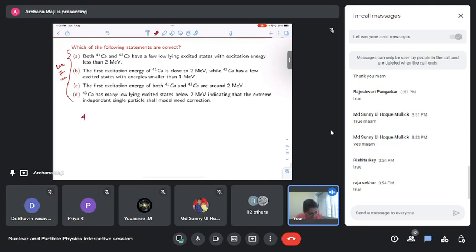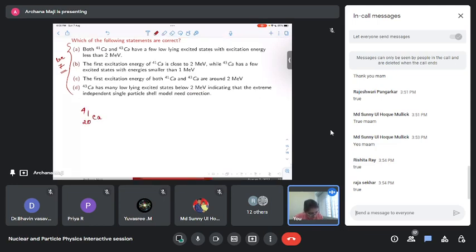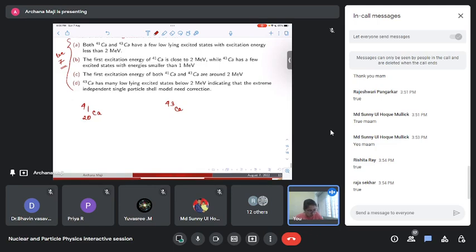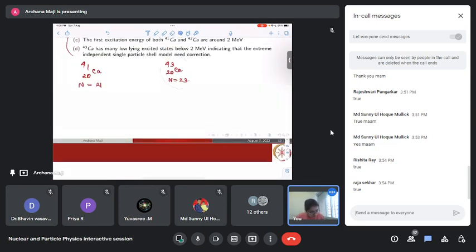Okay, so let us look at the nuclear shell model of these two nuclei, calcium 41 and calcium 43. The proton number is 20 for both. So basically for both these isotopes we have to consider the neutron number, which is 21 in this case and 23 in this case. So the diagram, let me draw here. We need to draw 21 neutrons within this shell model.